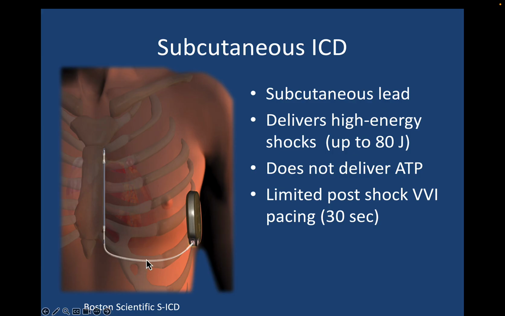You can see that the lead is underneath the skin, just lateral to the sternum. It's a subcutaneous lead, and therefore it requires a little higher energy shock, 80 joules, as opposed to a typical transvenous device, which requires about 40 joules. And it doesn't deliver ATP and really doesn't have much pacing capability other than backup pacing after a shock.